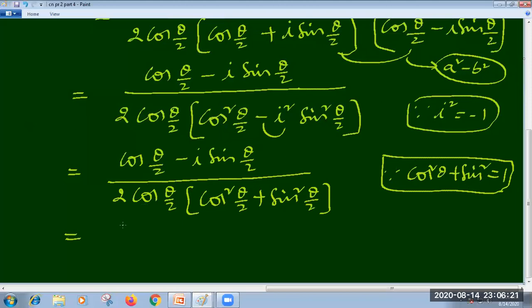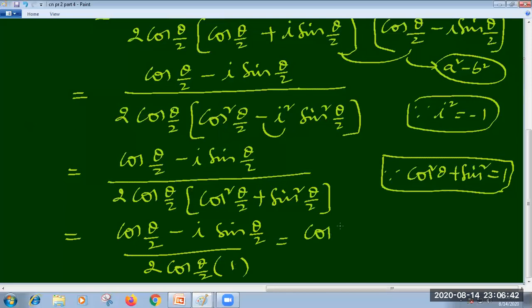So this is cos theta by 2 minus I sin theta by 2, over 2 cos theta by 2.